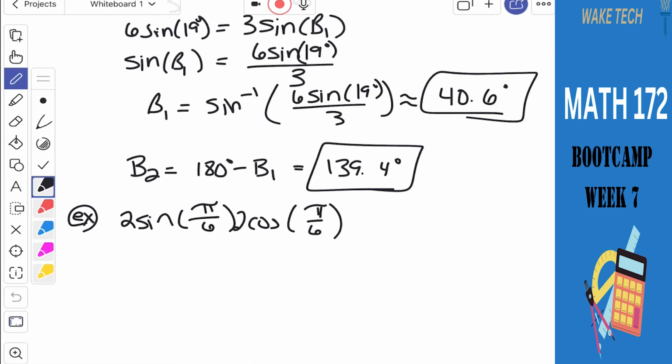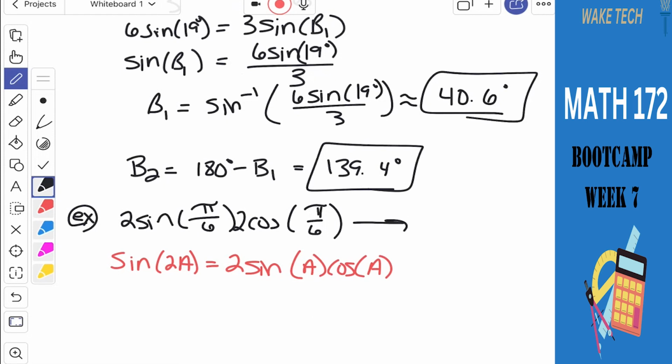So off of page 92, we have an identity that says the sine of 2a is equal to 2 sine a cosine a. Our original expression exactly matches that.